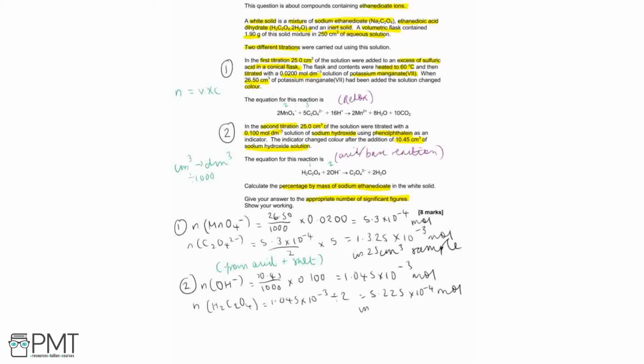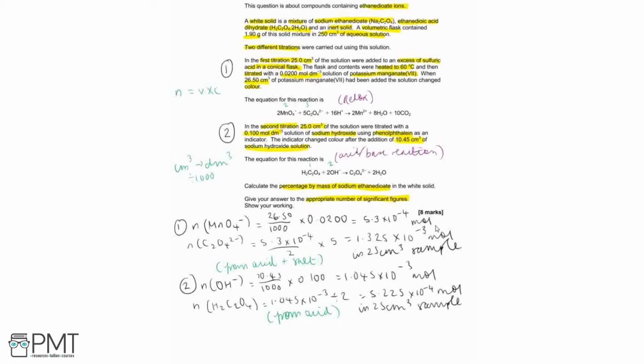And again, this is in our 25 centimetre cubed sample, because that's the amount of our solution which we used in this titration. And let's just make a note here as well. This is only going to be from our reaction with the acid, because that sodium hydroxide will not react with the salt. It will only react with that acid, with that proton donor there, the ethanedioic acid.